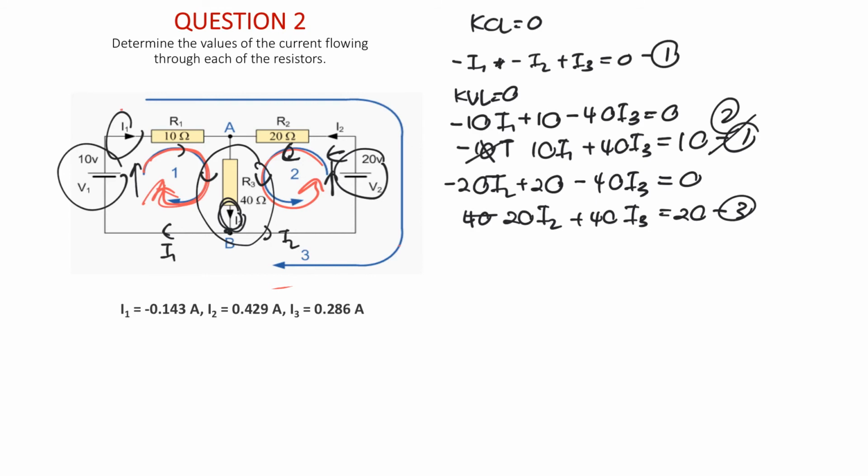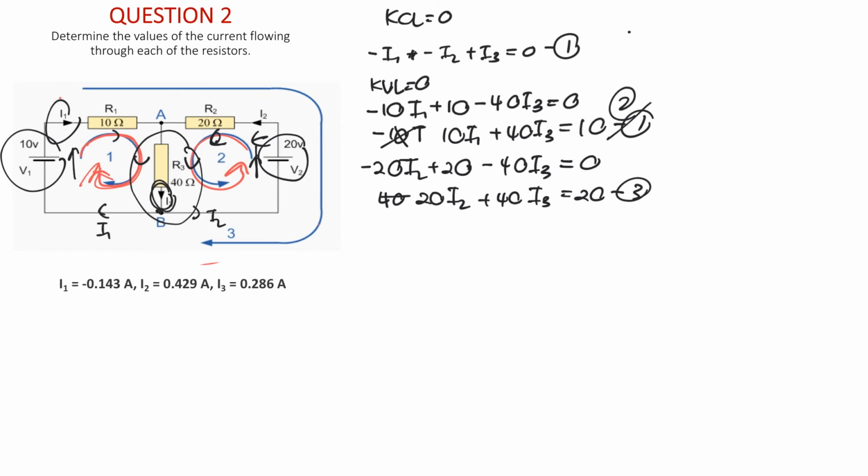Therefore, I'm going to eliminate I2 using KCL, the Kirchhoff current law. Here I'm going to put I2 as the subject, so it's going to be negative I1 plus I3. I'm going to put it inside my third equation.